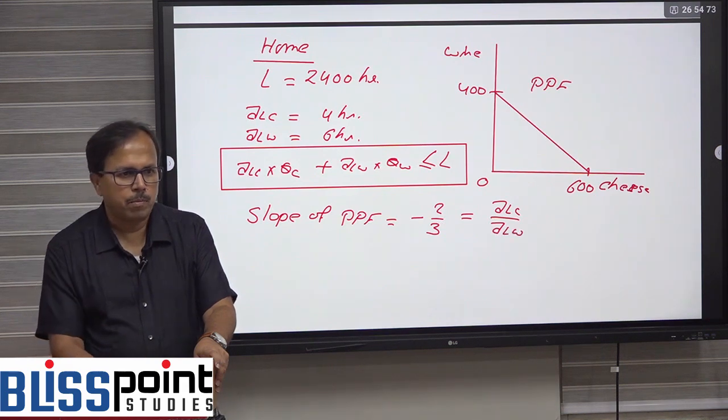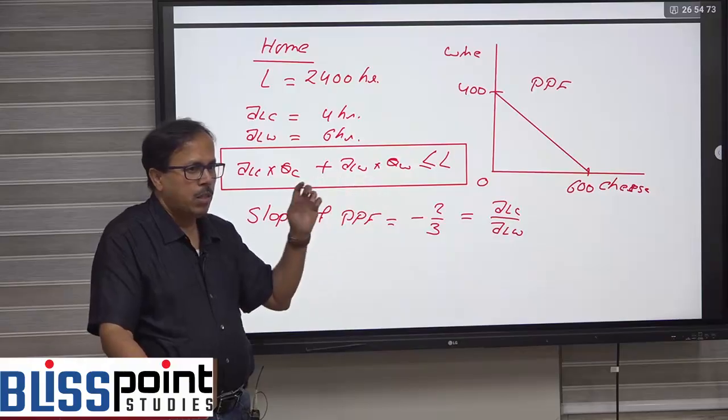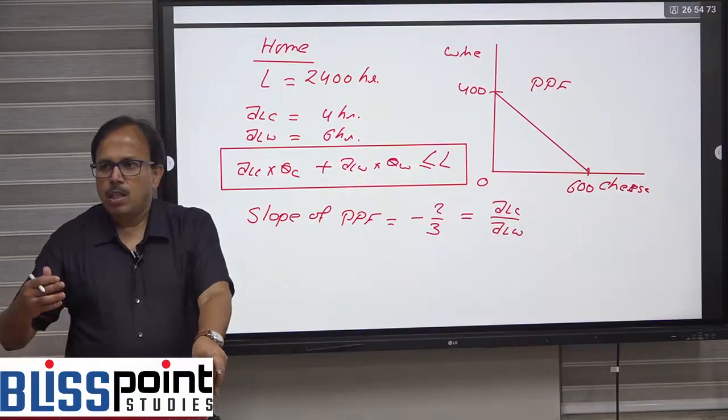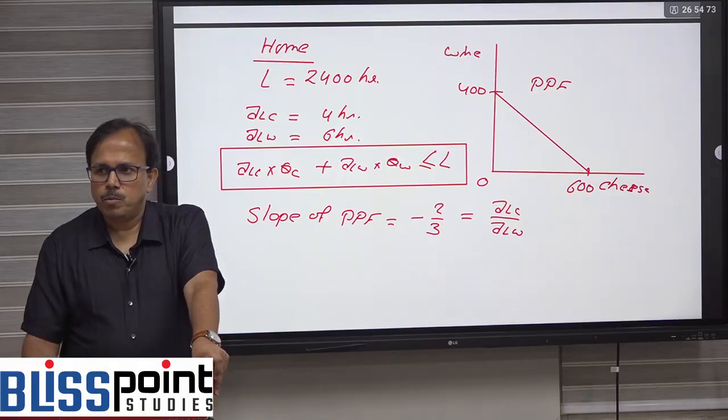Is it the same number? ALC by ALW is also 2/3. So the slope of PPF is simply ALC by ALW.